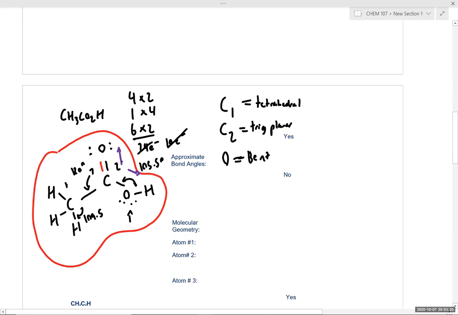Looking at these arrows, are the bond dipoles arranged symmetrically, or are they pointing in a given direction? Do these bond dipoles cancel out? No, they don't cancel out. Exactly right. So this molecule would be polar. Does that make sense?